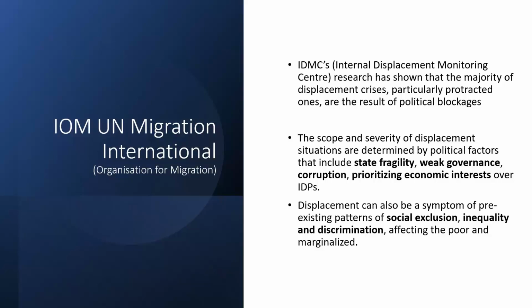So when we begin to start looking at how these groups report themselves, we see that state fragility, weak governance, corruption, prioritisation of economic interests, discrimination, social exclusion, all of the things that we see coming out as the causation factors of conflict are being replicated when it comes to the migratory picture as well.